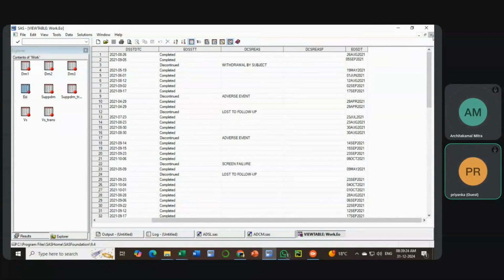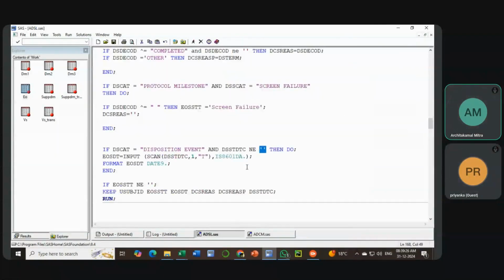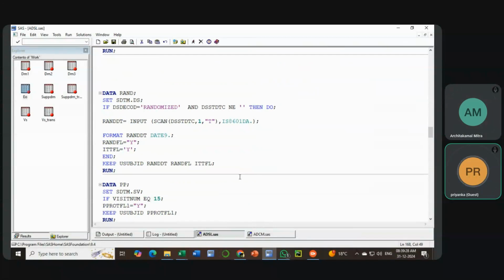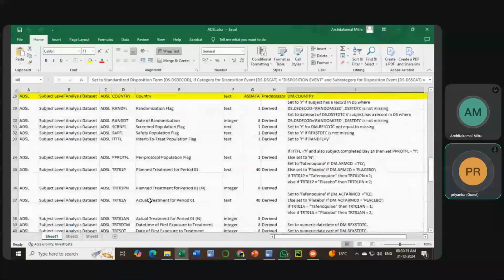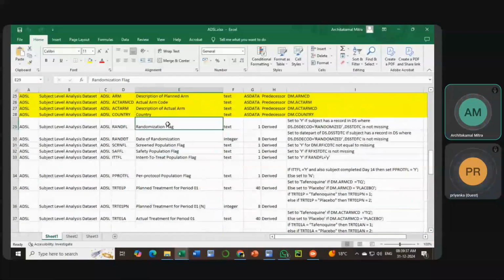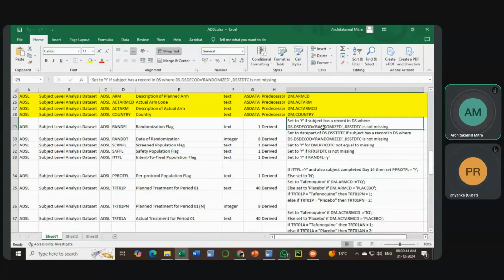Any questions here? Fine. Then we have a little bit for randomization. Let's check RANDFL and ITTFL, randomization flag and intent to treat population flag. These two are set to Y if DS decode is randomized and DS is not equal to missing.